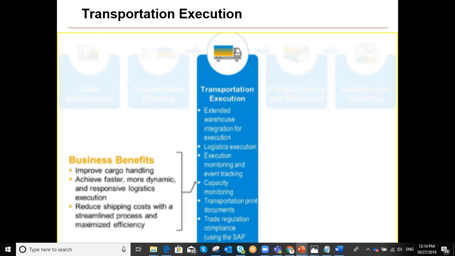That's why SAP has already communicated to all business partners and customers to use SAP EWM, Extended Warehouse Management, for execution, because it is very easy to integrate EWM with TM, but very difficult to integrate SAP WM with TM. So this is a catch.